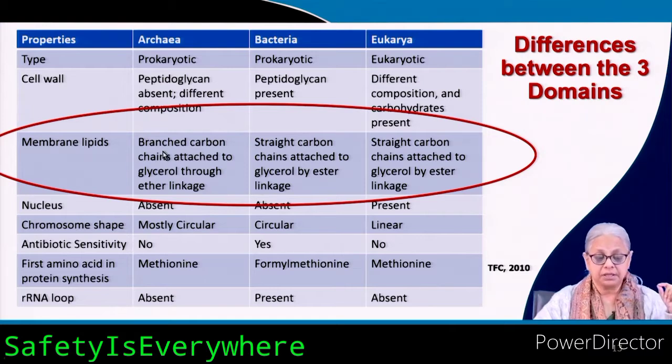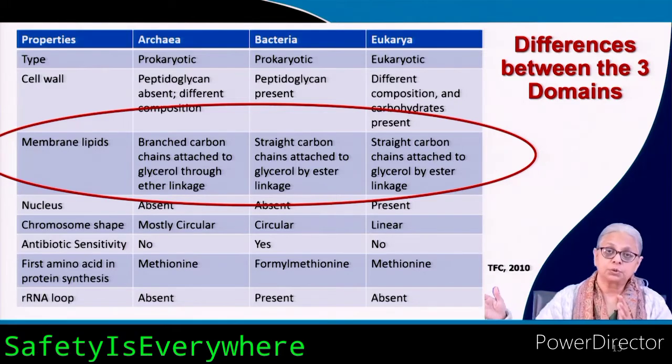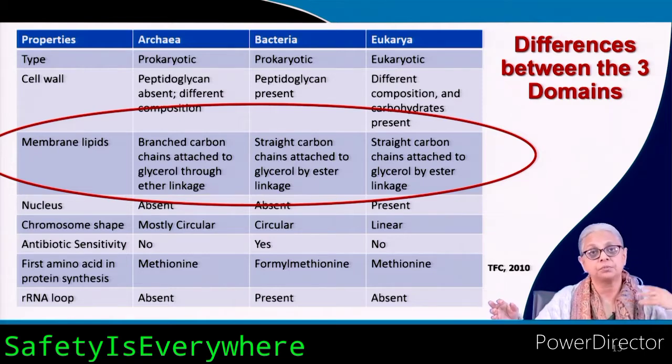Archaeobacteria have branched carbon chains attached to the glycerol through an ether linkage. I already mentioned to you that ester versus ether is a biomarker that separates bacteria and eukaryotes on one side and the Archaeobacteria, the more primitive organisms, on the other side. So, this is one biomarker.